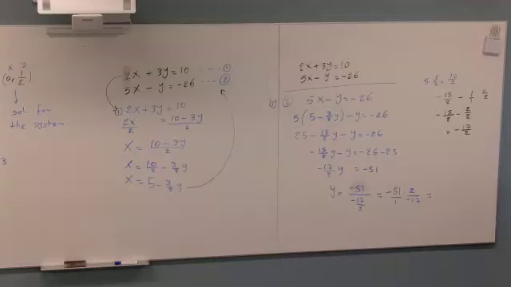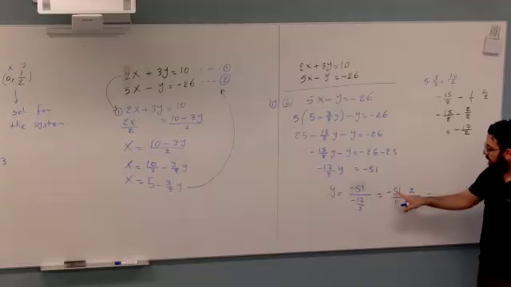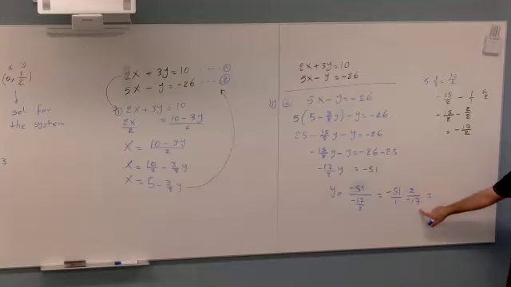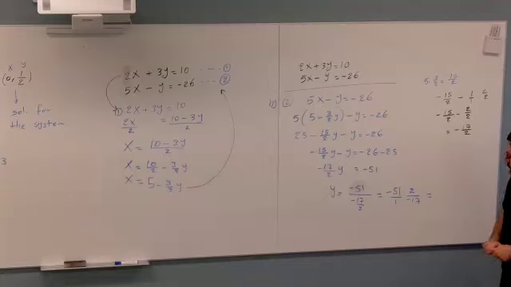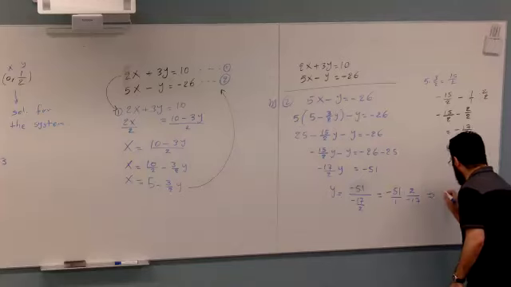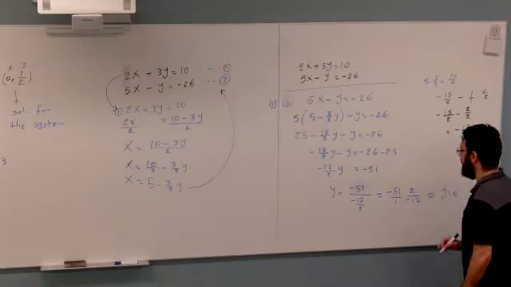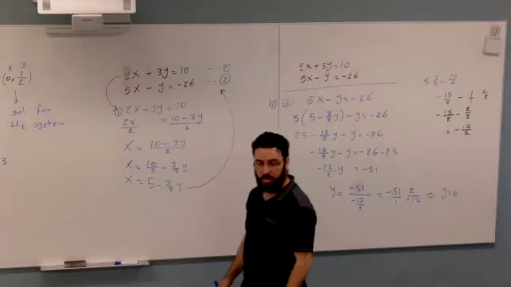We have 102 over 17. Yes, negative 51 times 2 and divide by negative 17. Six. So y equals what? y equals 6. Is that okay so far?